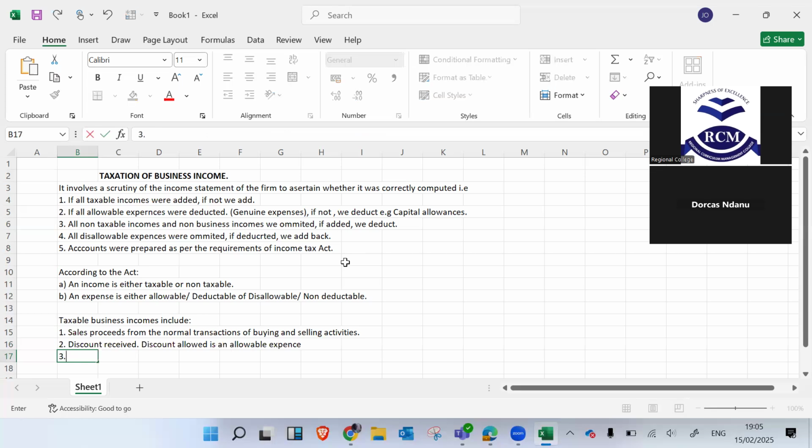Number 3, we have foreign exchange gain, if realized. Very important.